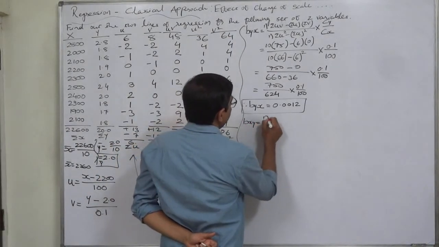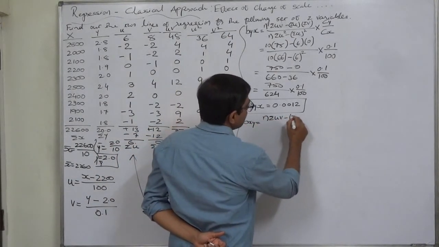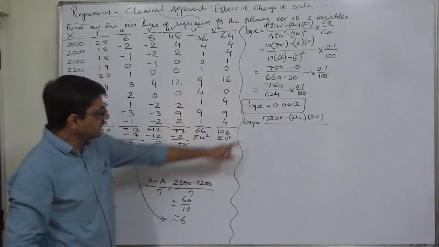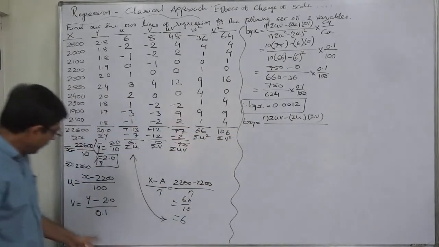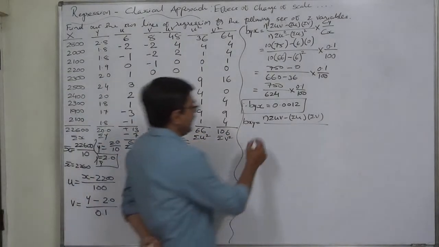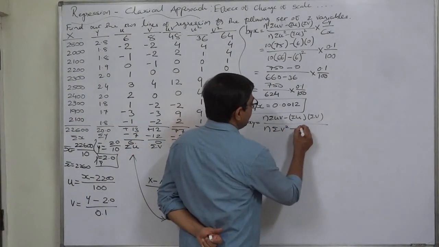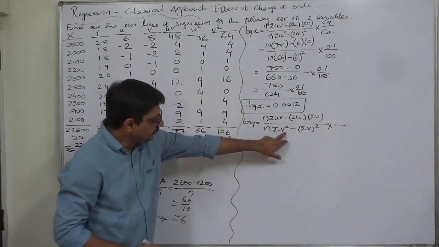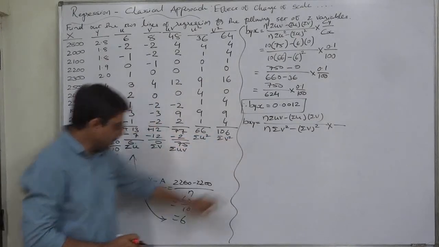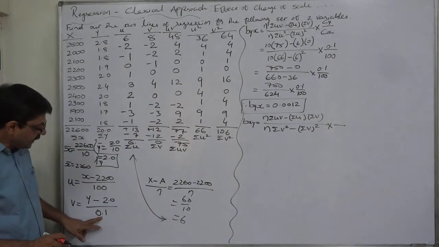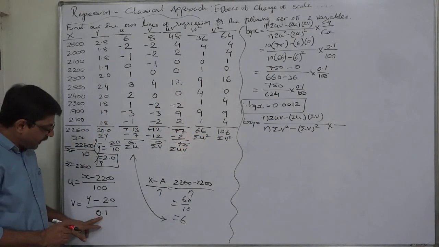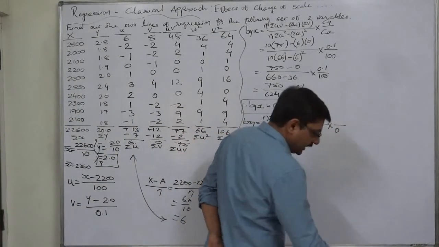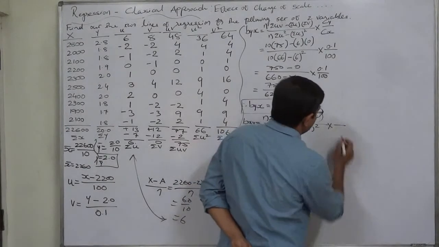And exactly reverse, bxy will be n sigma uv minus sigma u into sigma v upon, y is independent variable in this case and v represents y, so n sigma v square minus sigma v the whole square, into, now we have arrived at v by dividing all y values by 0.1, so now as a reverse effect we have to multiply it by Cy.